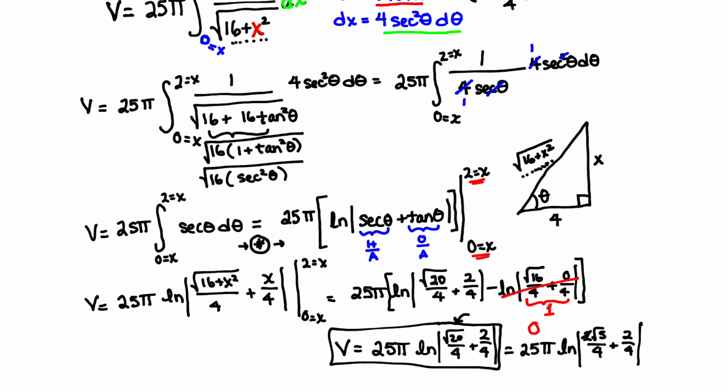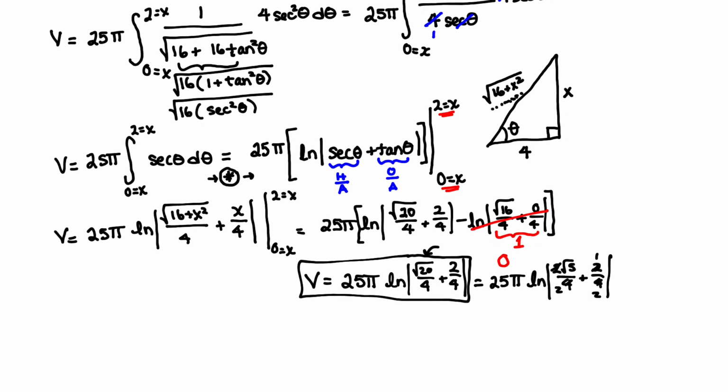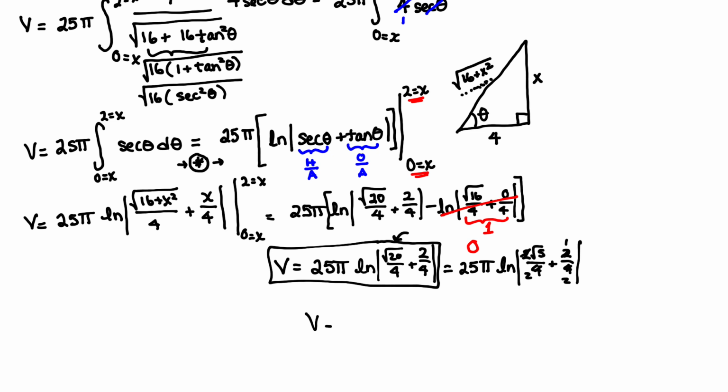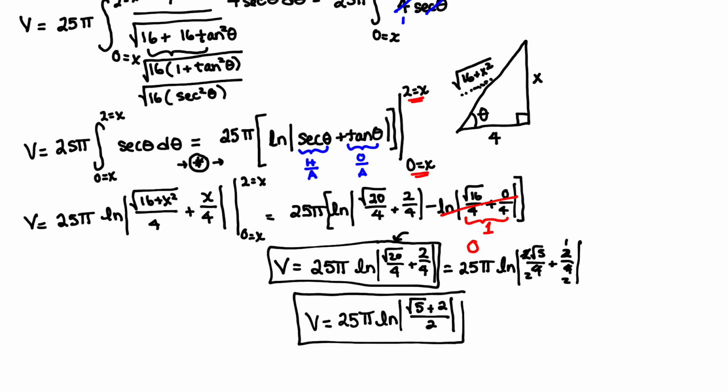Make another cancellation, right? And so we could get that the volume, if we canceled down, would be 25 pi times the natural log of the square root of 5 plus 2 over 2. And that's it. Cubic units, of course, at the back end.